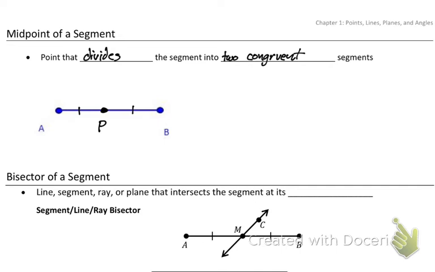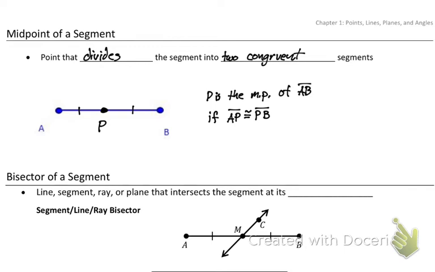Now we can add a little wordage to this. So I can say P is the midpoint of AB, and that's segment AB, not line AB. And that's only true if AP is congruent to PB.